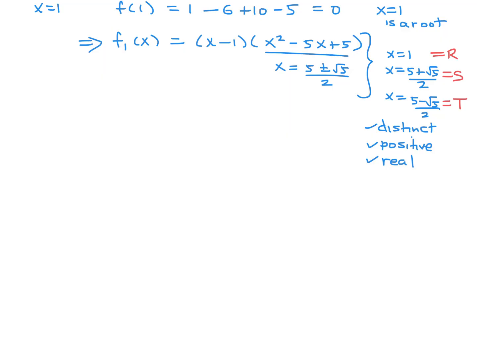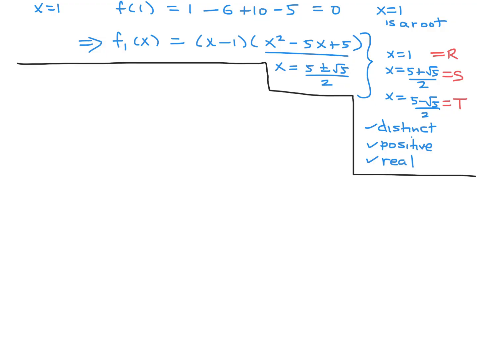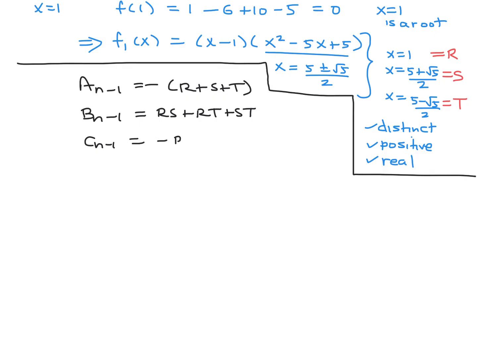So similarly, as we go through this, now using Vieta's, we can deduce from all of our equations that a n minus 1 would be minus r plus s plus t. B n minus 1 would be rs plus rt plus st. And c n minus 1 would be minus rst.